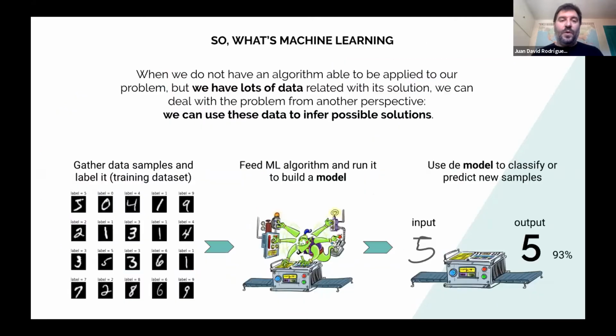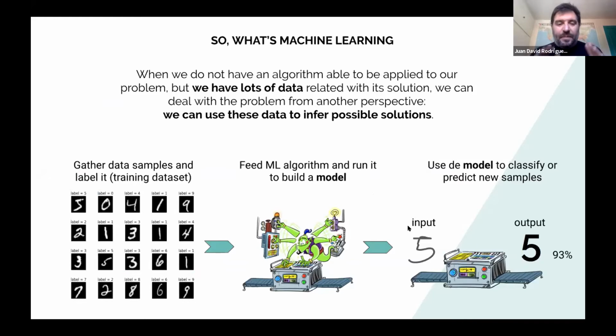Okay, then so what's machine learning? Well, we can solve lots of problems by coding in a traditional way. We look for the rules underwriting the problem, and we implement them in a computer program. However, there are some problems which are very difficult to solve because we are not able to extract, to find the rules.